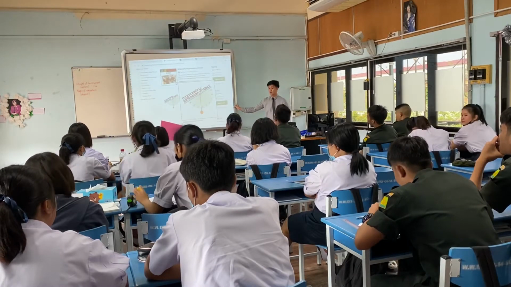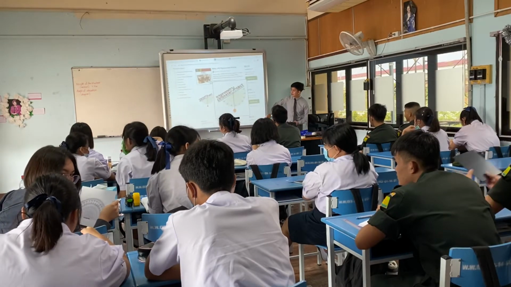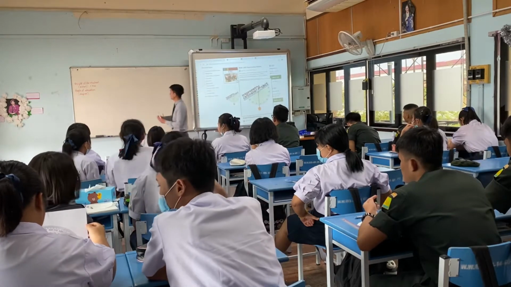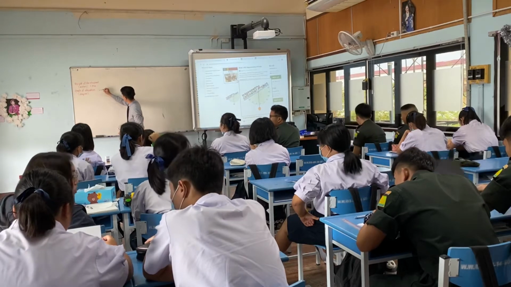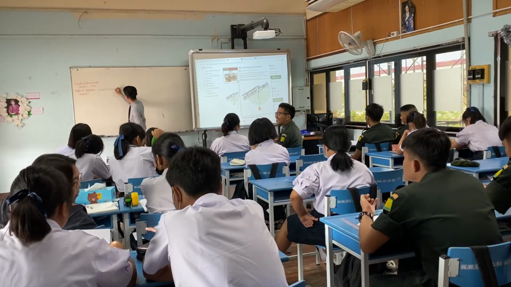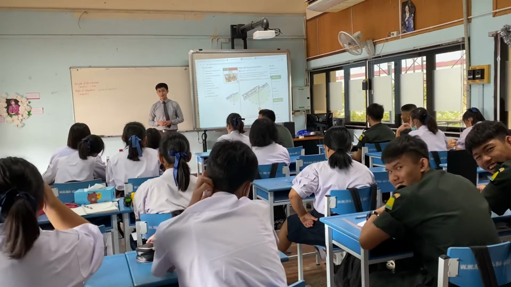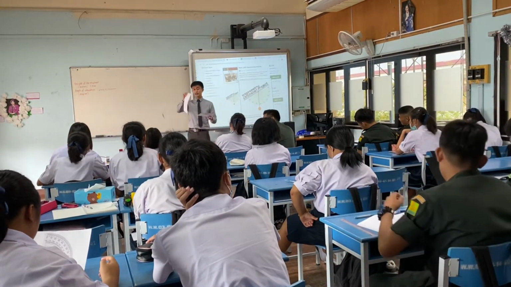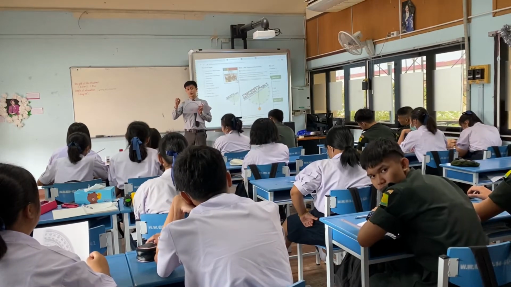So this is how we're going to do it, measuring the angle of elevation using the inclinometer. The first thing you need to do is cut this out and paste it on the feature board using your glue.